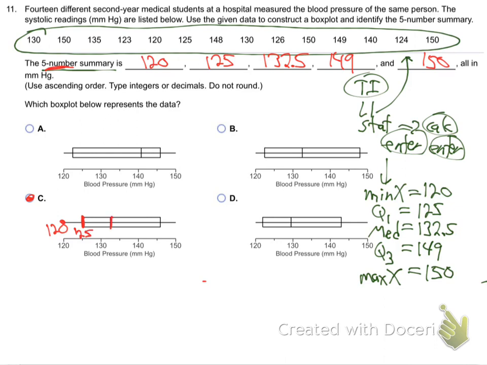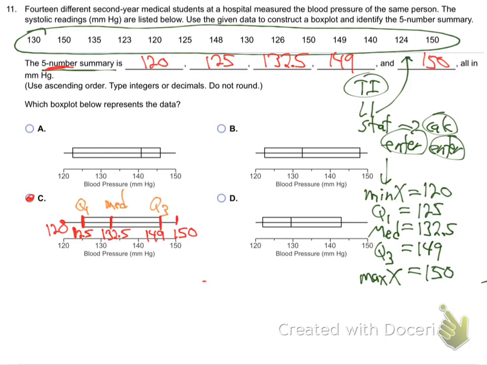This is the third number, which is 132.5. This is the fourth number, which is 149. This is the last number, which is 150. So basically the box goes between the Q1 and the Q3 with the median.